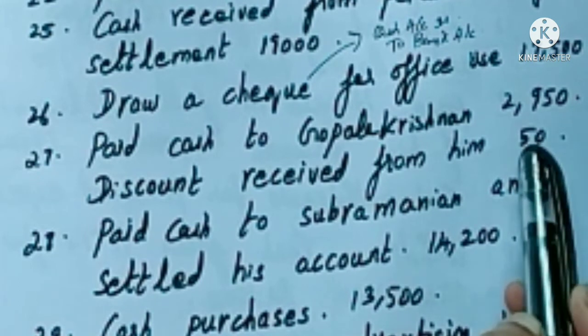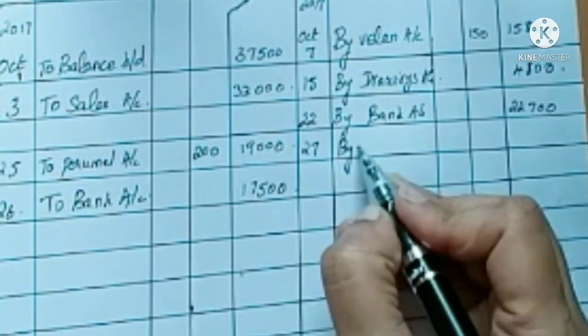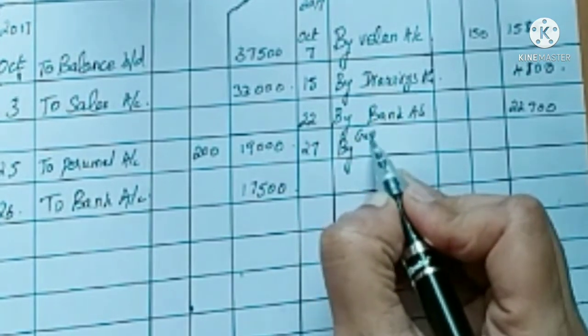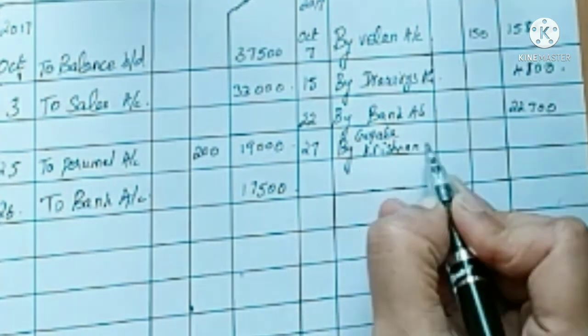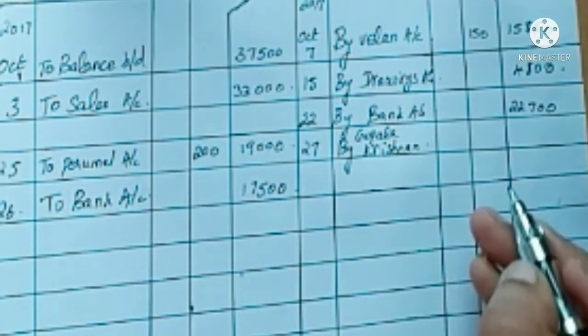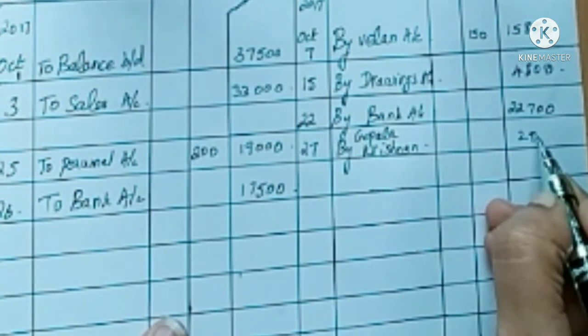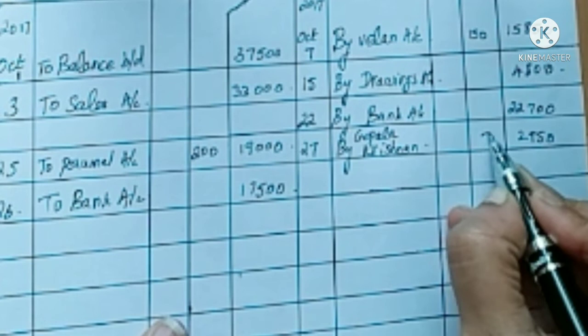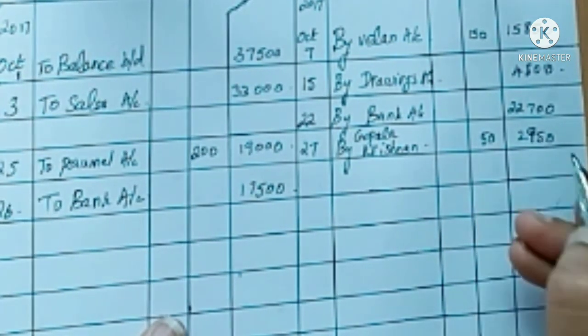Discount received is 50 rupees. On 27th, by Gopalakrishnan, amount is rupees 2,950. 50 rupees is discount received. This is 2,950.